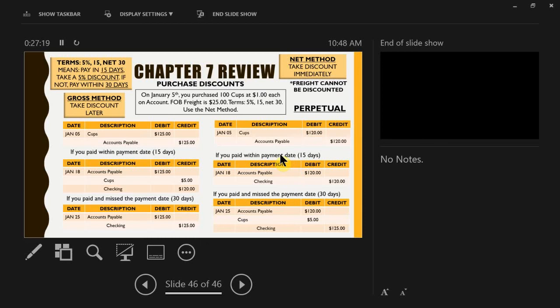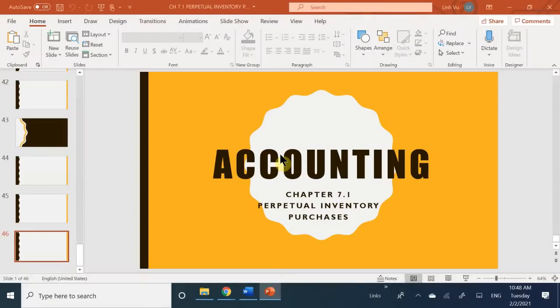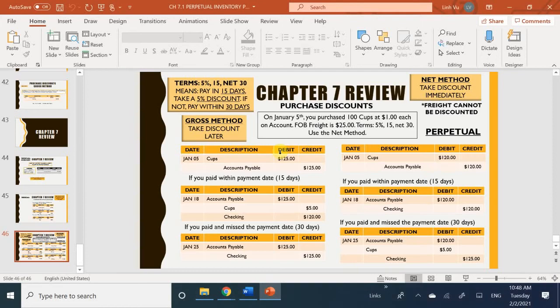When you're dealing with the gross method or the net method, when it's gross, you record it as original, and if you meet the discount period, you just take it right out of inventory. Same thing and so on and so forth. Okay? So pretty straightforward. You don't have to deal with any other accounts except for the one and only with regards to this.